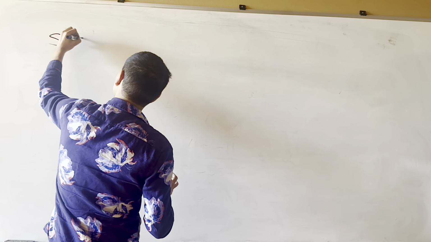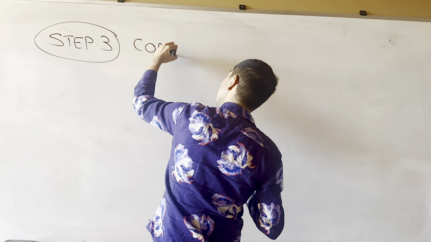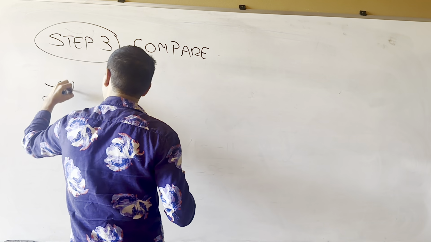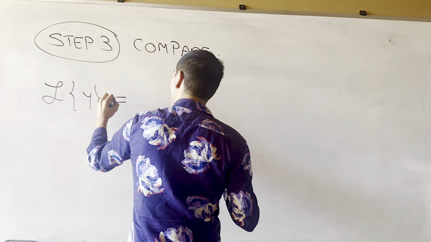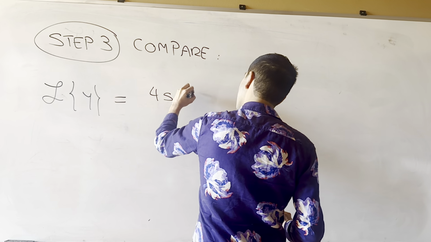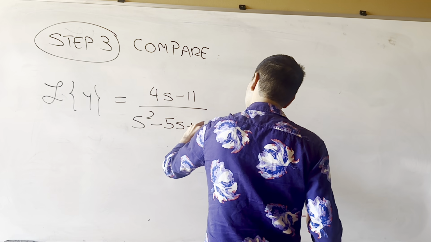And the last thing is just to compare. So step 3, what did we have so far? We have L of y was this 4s minus 11 over s squared minus 5s plus 6.